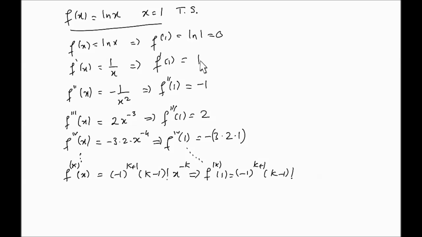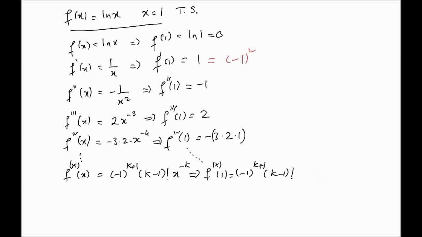So we get 1, then we get minus 1, okay? Then we get 2. Right, so when it's 3, I get 2. When it's 4, the fourth derivative, I get 3 factorial. So 2 is the same as 2 factorial, 1 is the same as 1 factorial, and 1 here is the same as 0 factorial. So let me just make a note of that. So okay, I want that to be positive, so that's going to be minus 1 squared.